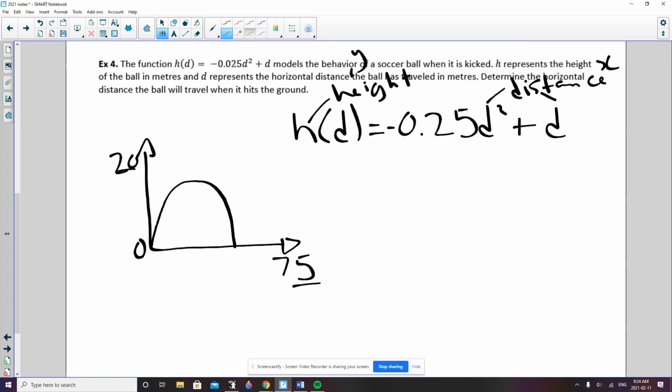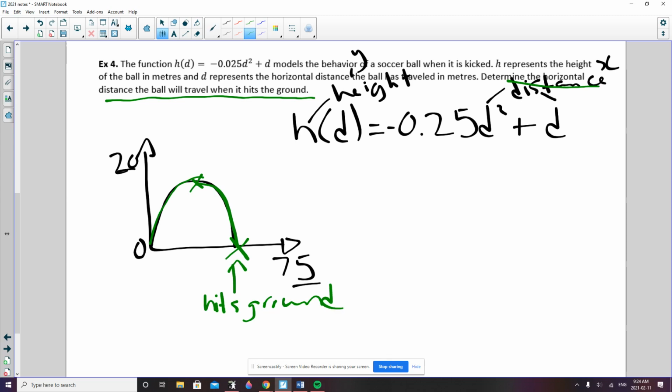The question says, determine the horizontal distance the ball will travel when it hits the ground. So essentially, I kick the ball, it goes in the air and reaches its top height. That's not what they're asking. It reaches its top height, and then it continues downward until, boom, right here, where it hits the ground. Now, if I'm looking to solve for that point, what is that point?